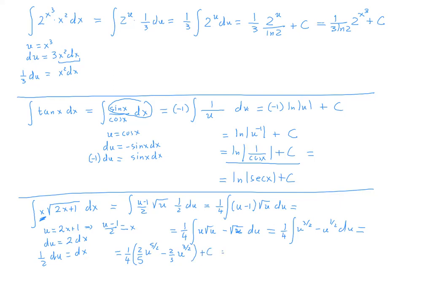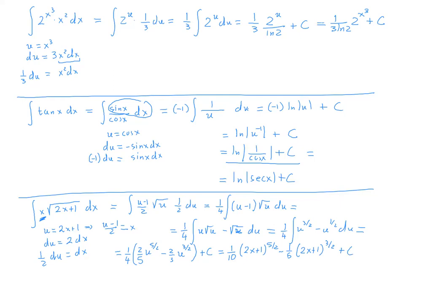And if we like, we can multiply out by 1/4. So this will give us 1/10, and u should be replaced by 2x plus 1, going back to the original variable. And minus 1/4 times 2/3 is minus 1/6, 2x plus 1 to the 3/2 plus c.